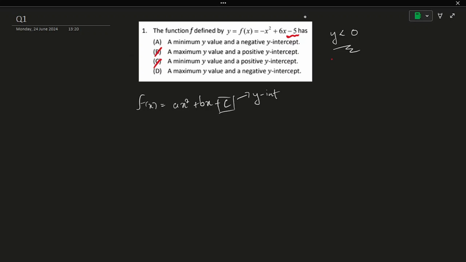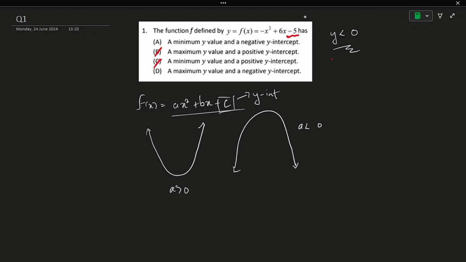This type of function, a parabola, has this type of shape if A is positive, and this type of shape if A is negative.